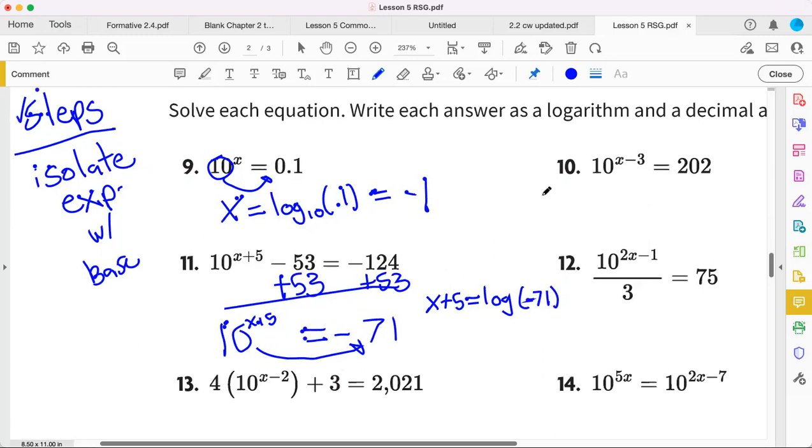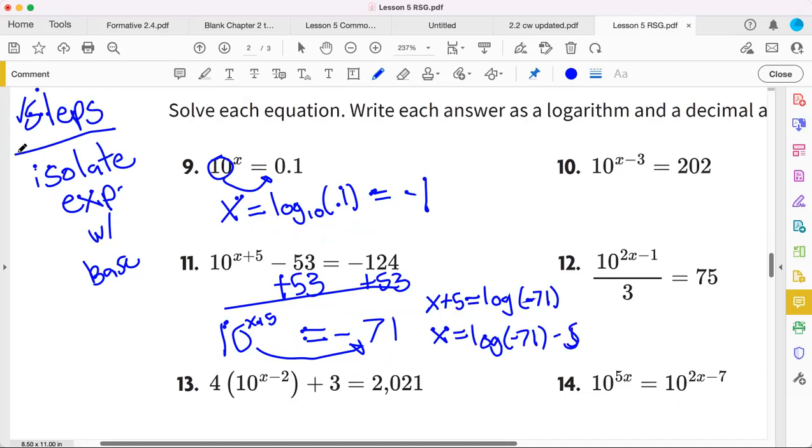And we can take this further if you just subtract 5, just get rid of the 5. So you're saying that x equals log, you got an argument of -71, and you're deducting 5 from all of that. Luckily, these are all base 10, so you could knock this all out in your calculator.